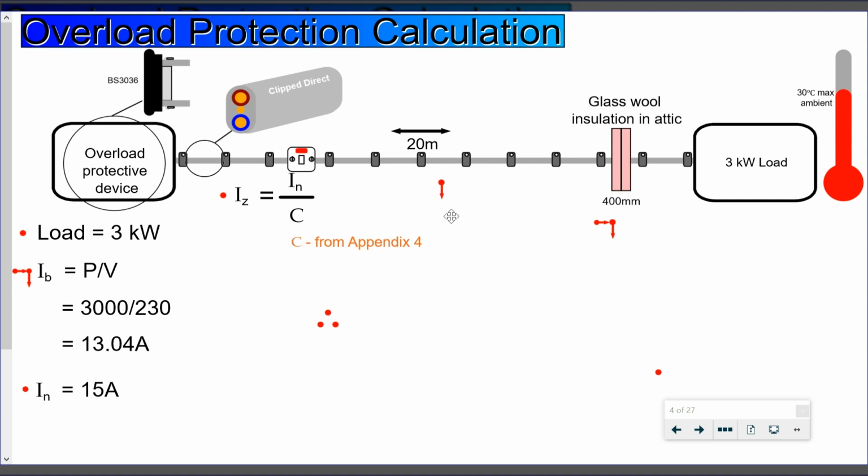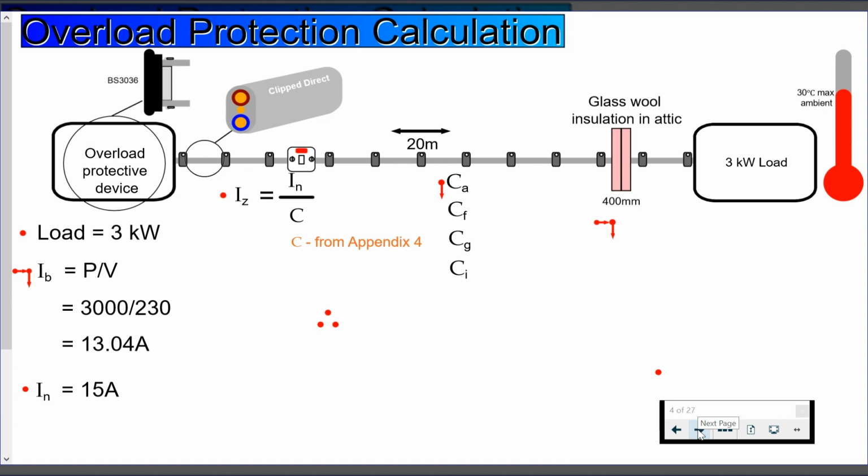So what correction factors do we have to look into? We need to look at correction factors for ambient temperature, for fusing if it's applicable, for grouping, and for thermal insulation. Seeing as this is a cable installed within the installation, we've not got any buried cable, so we don't need to take into account any of those correction factors.